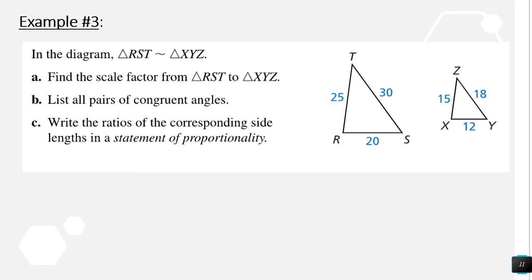Find the scale factor from RST to triangle XYZ. So this is a reduction, which means we need to put the smaller triangle over the larger triangle. So in order to get the correct scale factor, you're going to put the smaller triangle over the larger triangle.